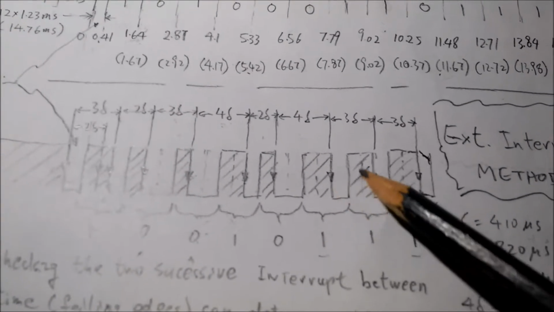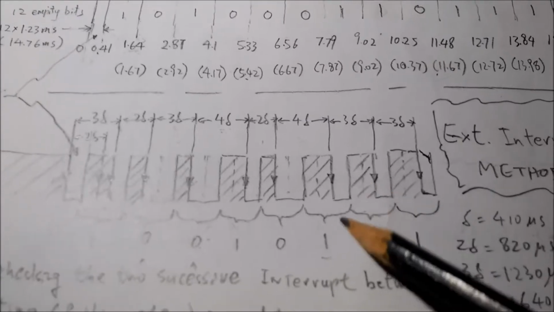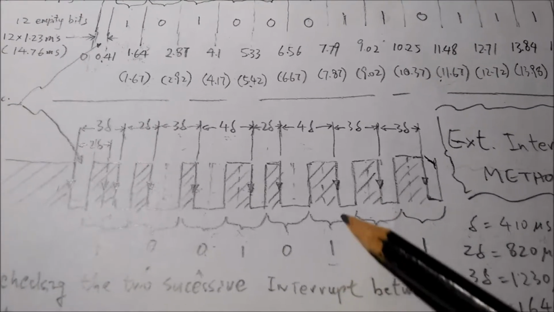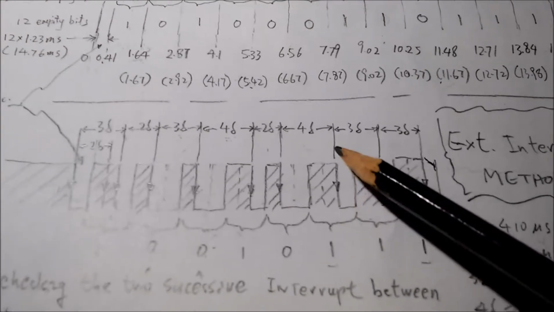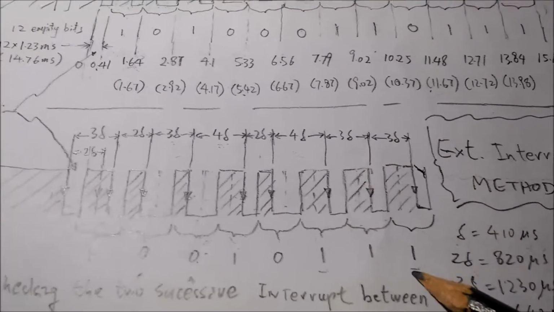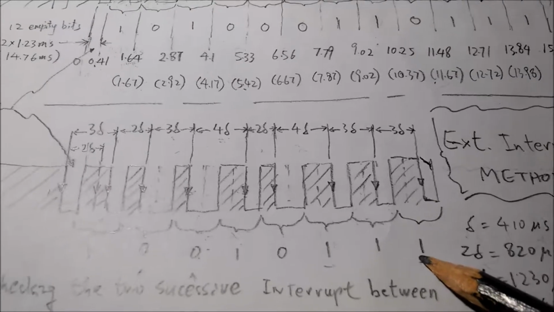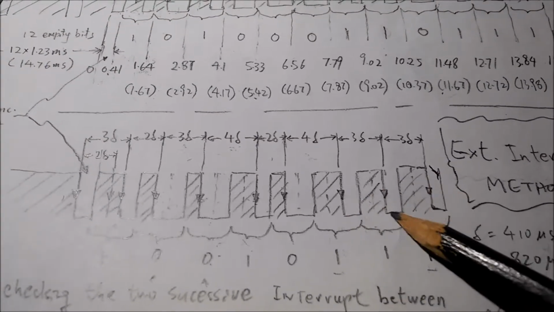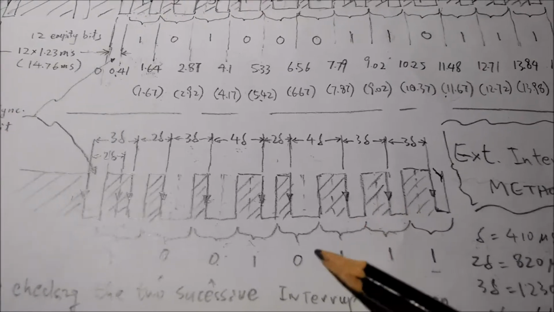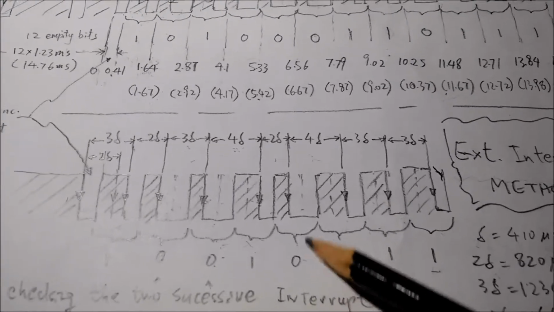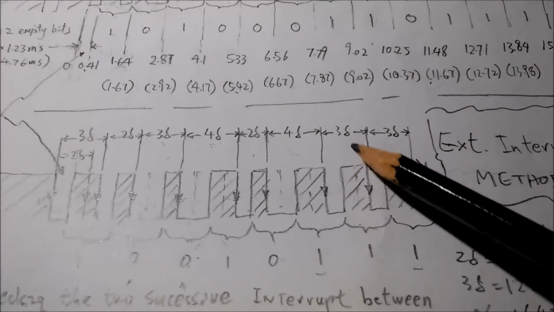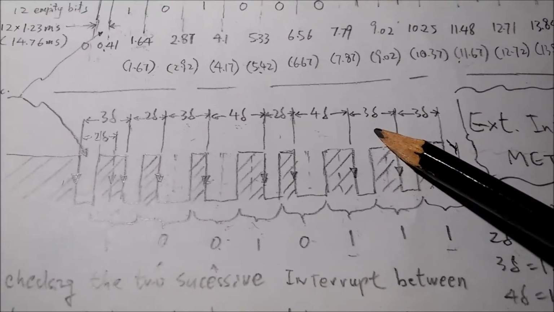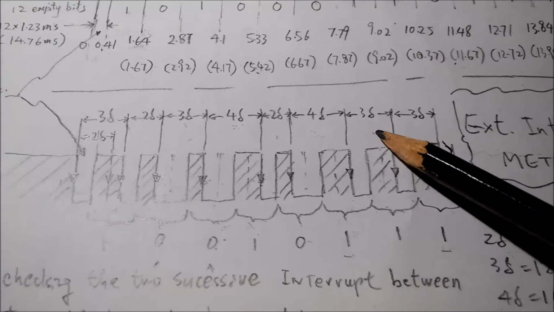But here, this length is 3 delta, and the previous bit is 0. So this 3 delta is 1.